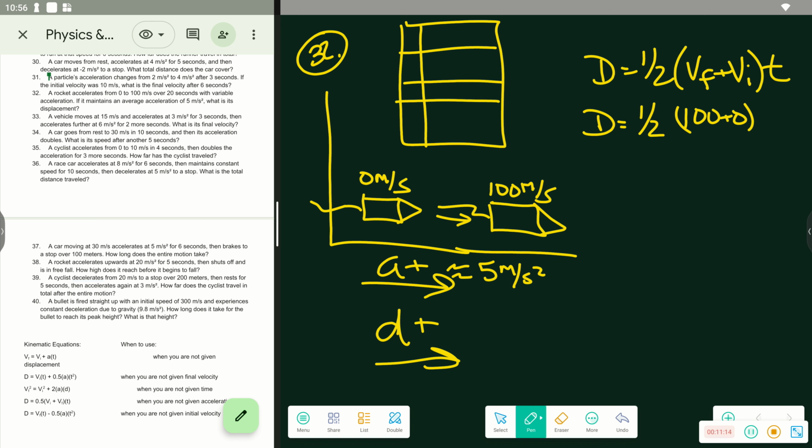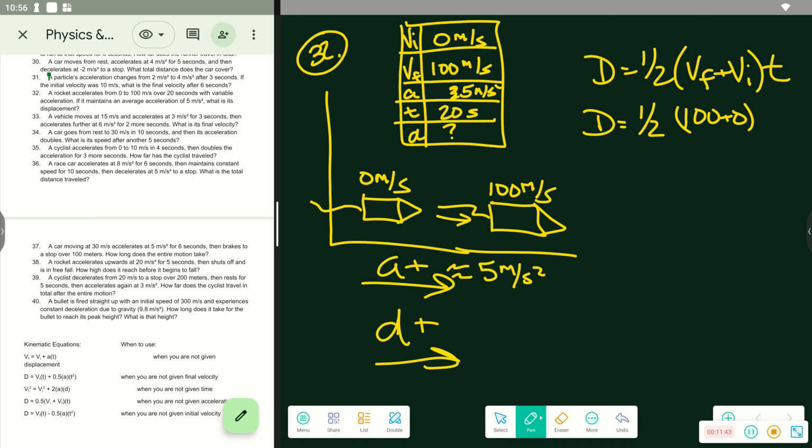VI, VF, A, T, D: 0, 100. Acceleration, we do not know. Time is, oh yeah, we do know acceleration, sorry. 5 meters per second squared. And the time is 20 seconds. And we're solving for displacement, okay?